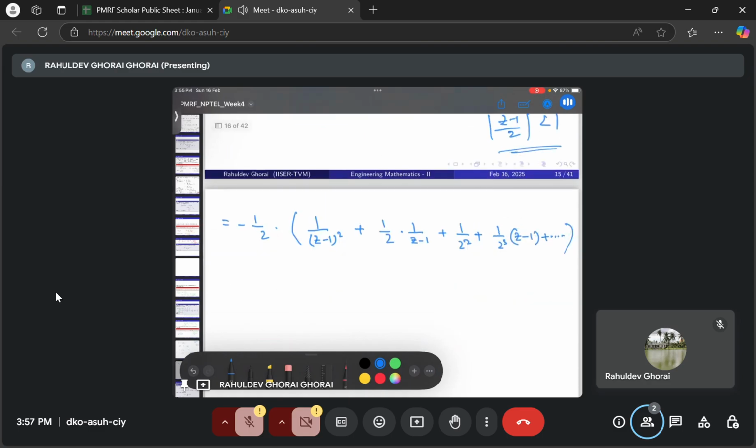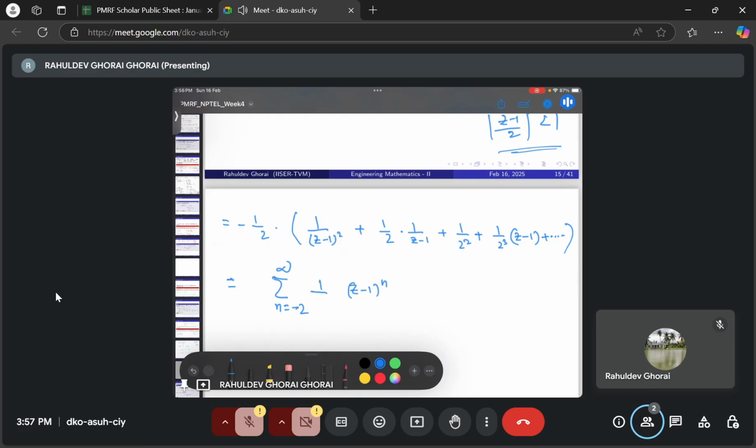What you can see from here is that it has to be the summation. I want to write it in terms of a_n (z minus 1) to the power n. Of course, it will start from n equal to minus 2 and go up to infinity, and then, of course, it will be (z minus 1) to the power n, right? That is correct. But then what will be the coefficient?